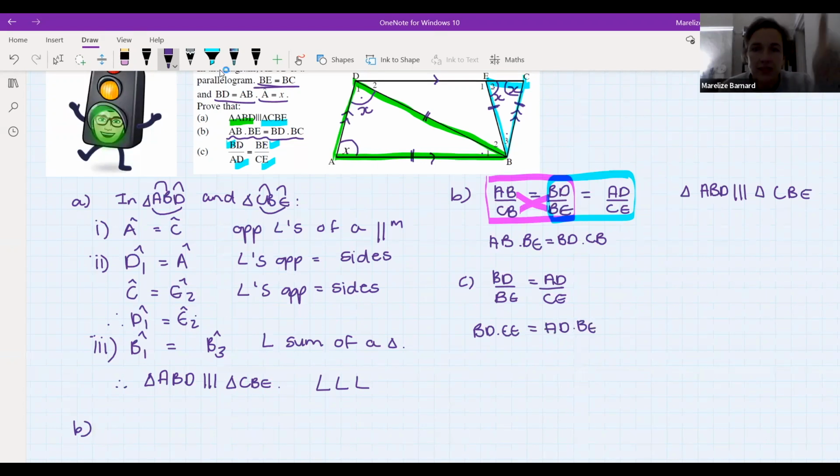And I need BD over AD, so now I'm going to divide again. BE over CE. Done. So for B, it's basically looking at similarity with sides in proportion.